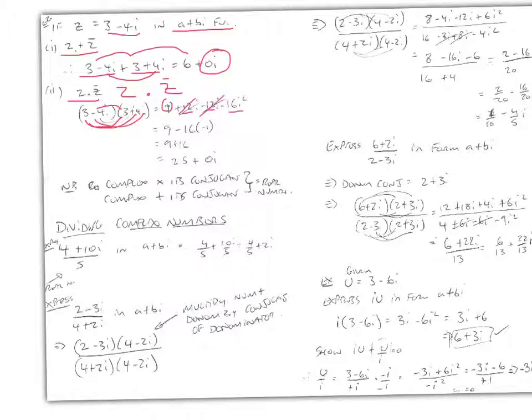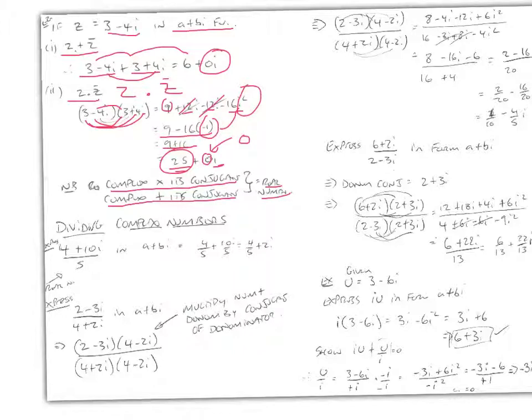So the 12i's cancel, plus and minus, so we have 9 minus 16i squared. 9 minus 16 times minus 1, because that's the i squared accounted for, is 9 plus 16, which is equal to 25, the real part, plus 0i, the imaginary part. And it's important to note that a complex number multiplied by its conjugate, or a complex number added to its conjugate, gives us a real number answer, okay, with no imaginary part.